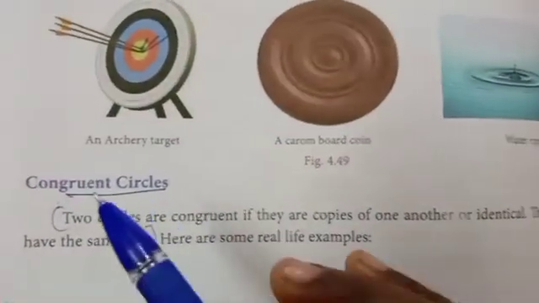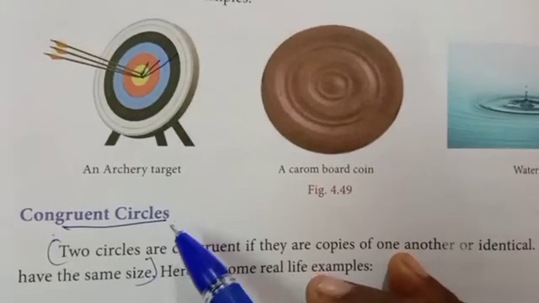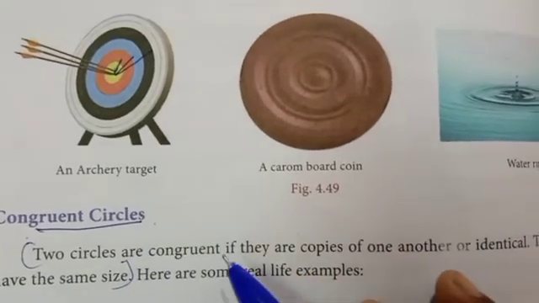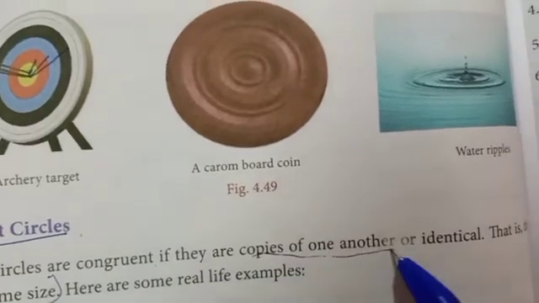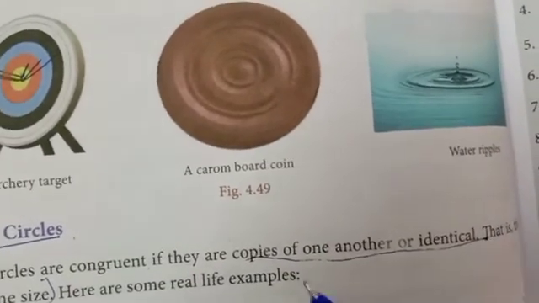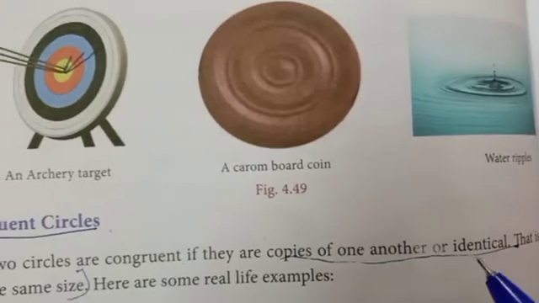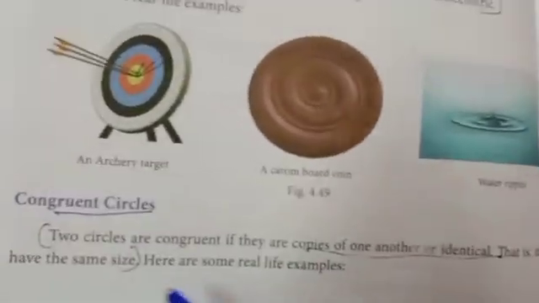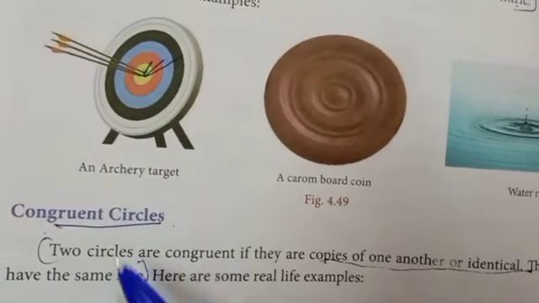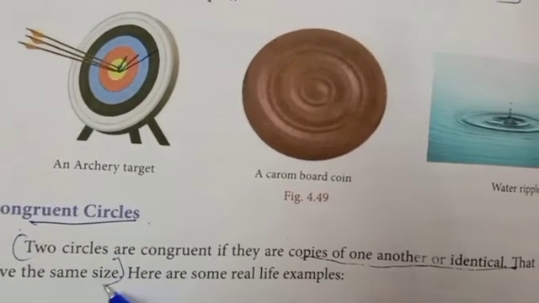Next, congruent circles. Two circles are congruent if they are copies of one another, or identical. Each one looks the same. They have the same size. Congruent means both circles are the same size.